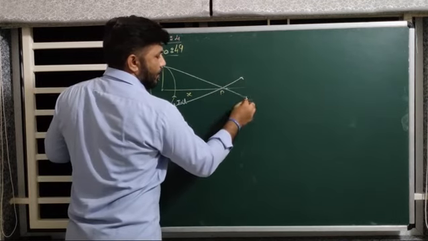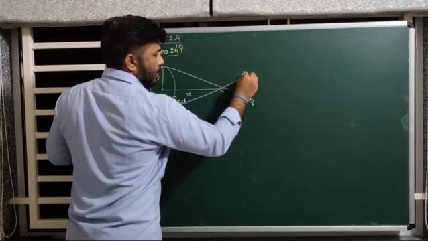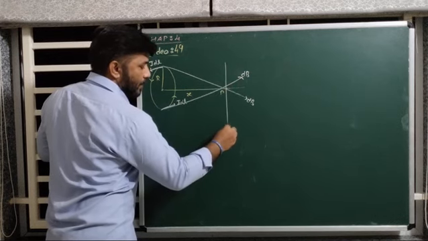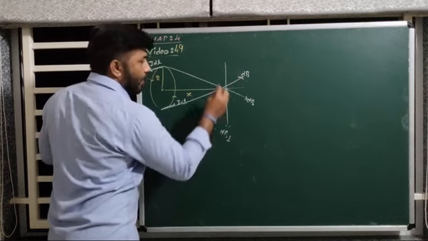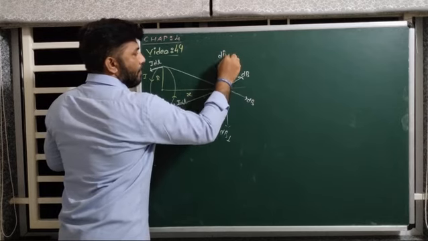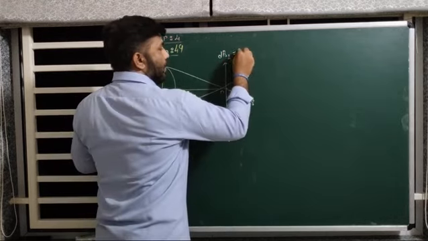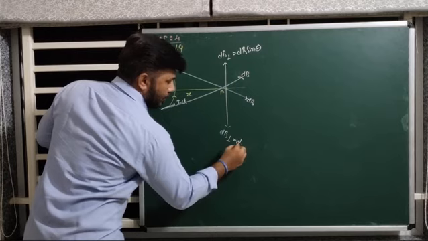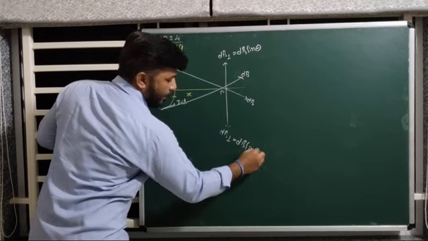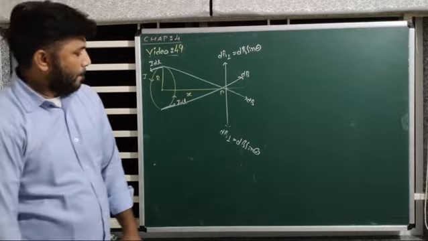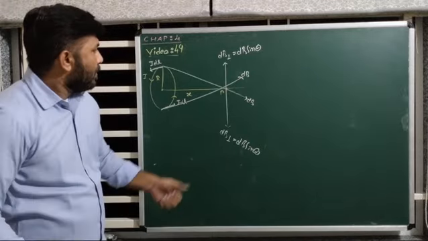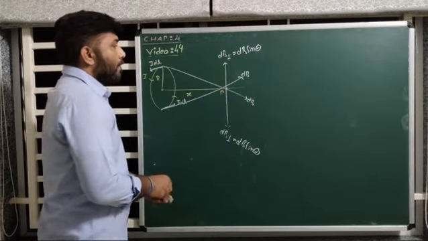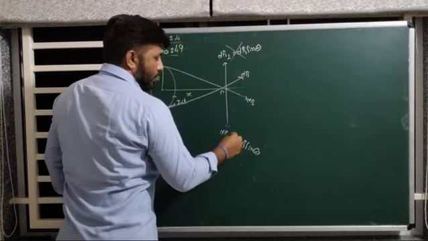So it is dB and dB. Here we are getting two components. The first component is dB perpendicular, which is dB sine theta. You can see that the dB perpendicular components are equal and opposite in direction, so their effect is cancelled out.